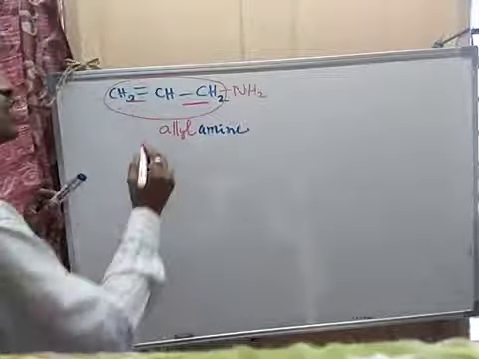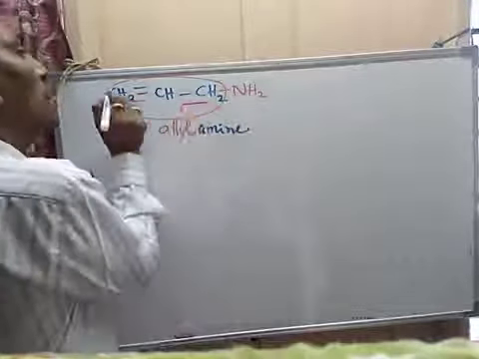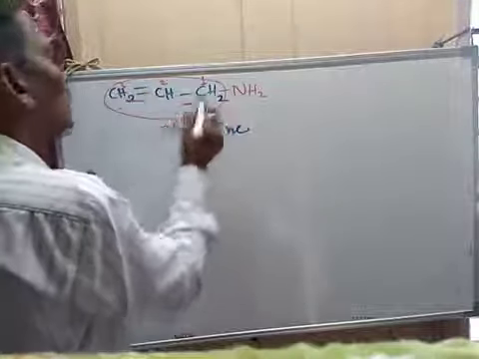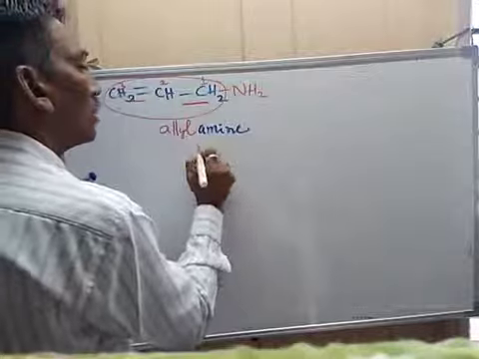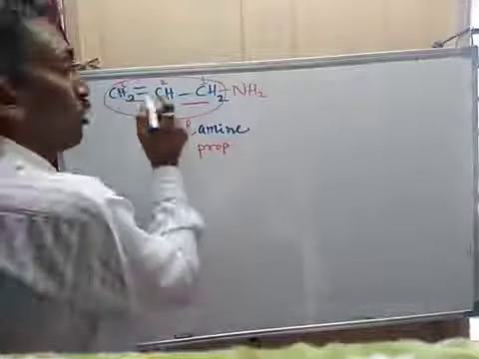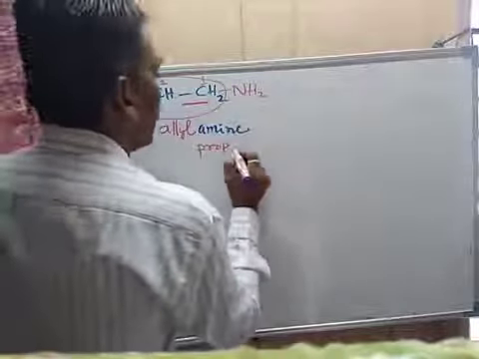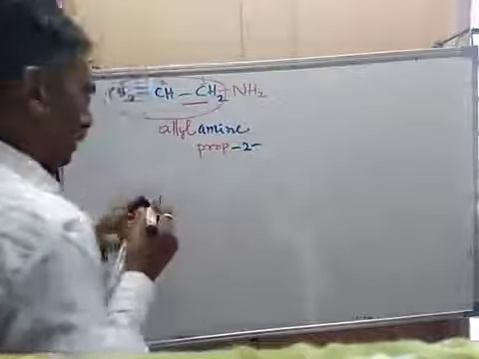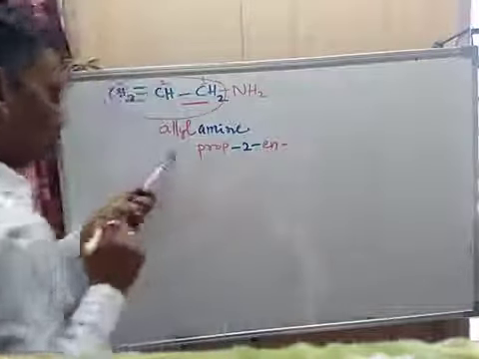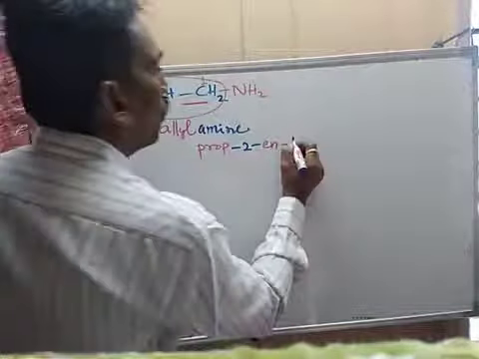So your answer is this one, and the numbering is like this: 1, 2, 3, and the nature of the carbon chain is 3 carbons, prop. Single bonds are given by 'an', and the double bond is given by 'en' at which position? Second position, that is 2-en, and the functional group is present on the first carbon, 1-amine.